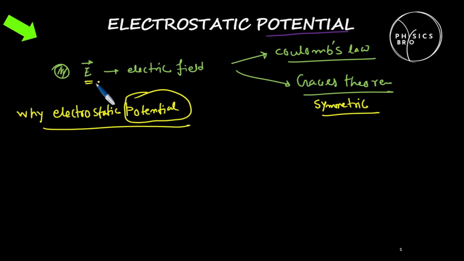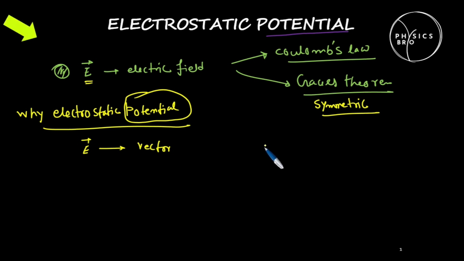First of all, look, electric field is a vector quantity, so if you have to deal with it, you have to be very careful. It is a vector, so there is a direction, and you have to add the directions when we add electric fields.